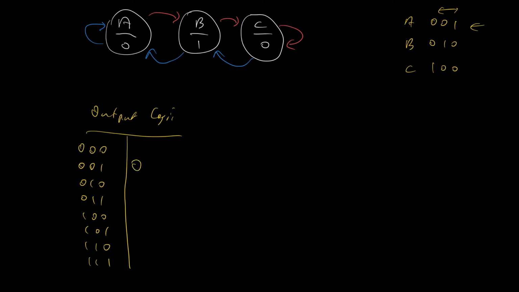If I'm in state B, that's 0, 1, 0 in my truth table, the output's going to be a 1. And if I'm in state C, which is 1, 0, 0, the output's going to be a 0.